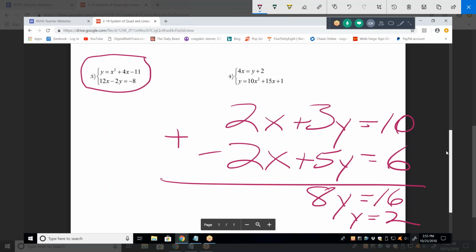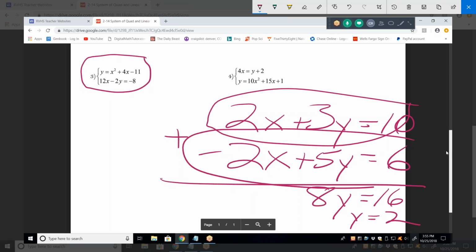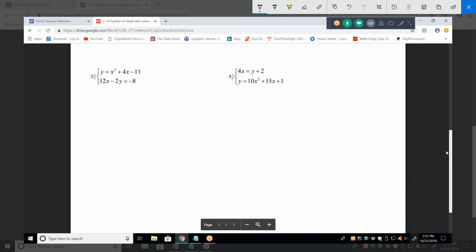See how I did it? Yeah, that was fast. That's the preferable way to do it if they give it to you in standard format. That's in standard format. That's in standard format. So far, they have not given us one like that. So anything other than two standard format equations, you're going to use substitution.